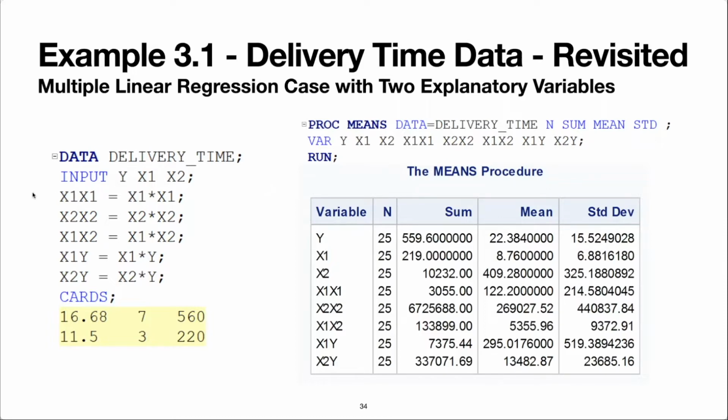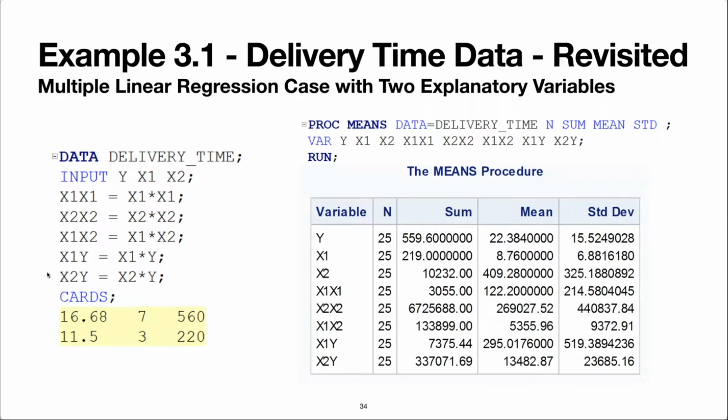I'm also going to, in a data step prior to that, construct some variables that correspond to products of variables. For example, I'm going to define a variable x1 squared to be the product of x1 times x1. x2 squared is x2 times x2. x1x2 is the variable that corresponds to the product of x1 and x2. x1y is the variable that corresponds to the product of x1 and y.